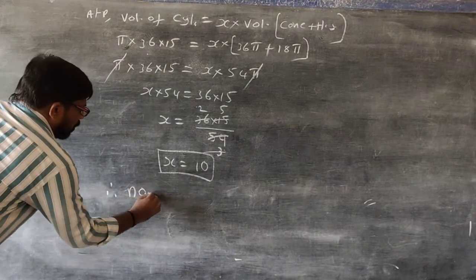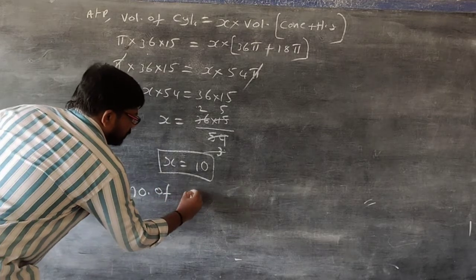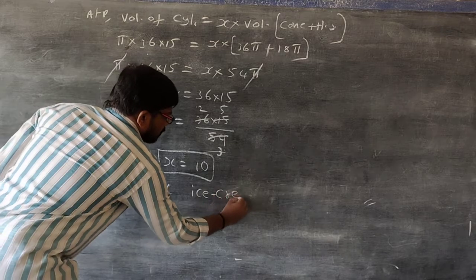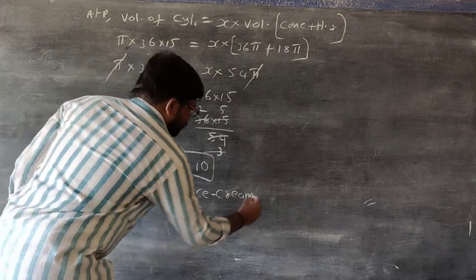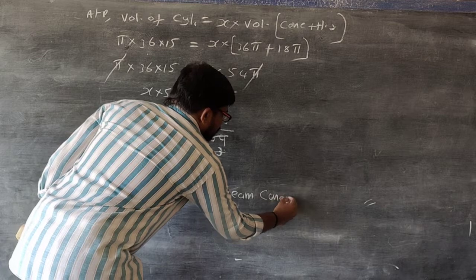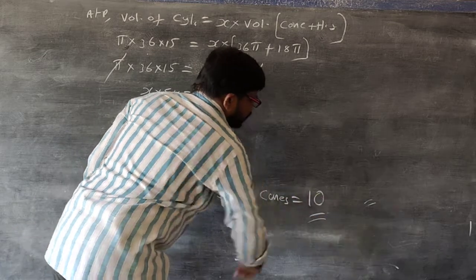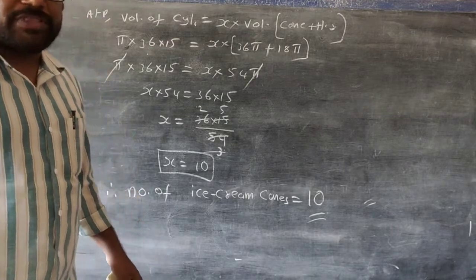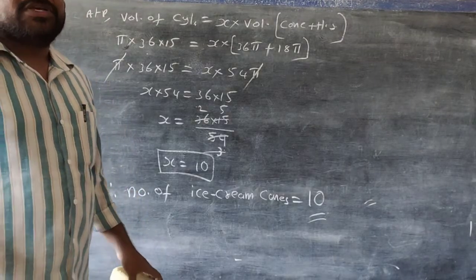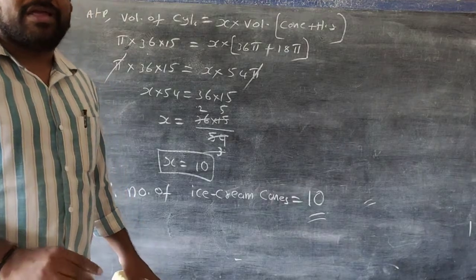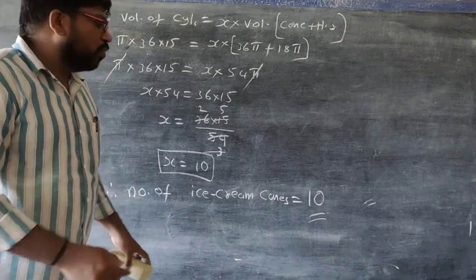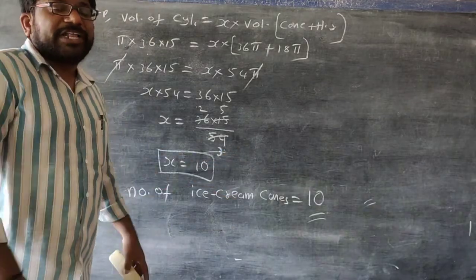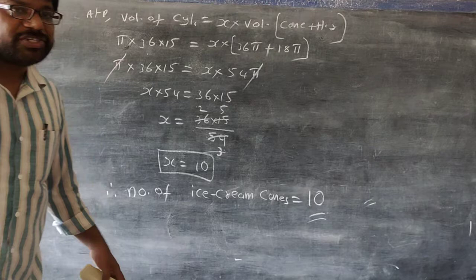Therefore, the number of cone ice creams is equal to 10, right? So in total there are 10 equal cones with hemispherical tops. The whole ice cream in the cylinder is distributed to 10 children, means 10 cone ice creams, right?